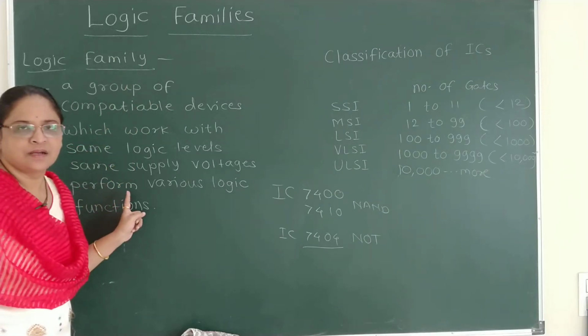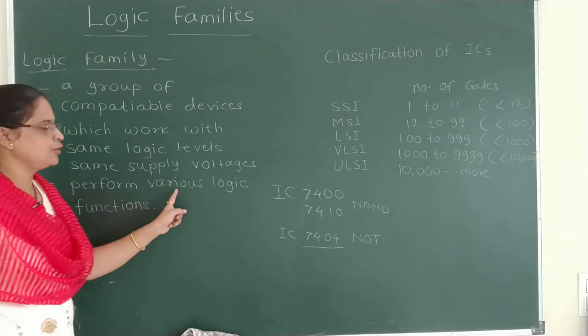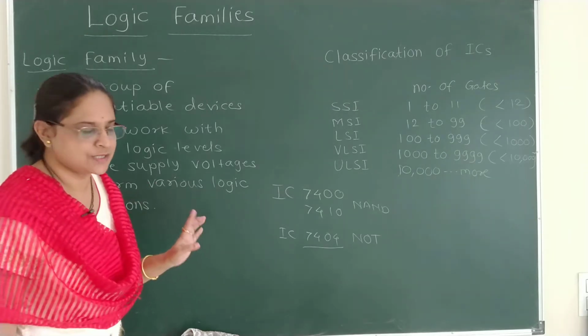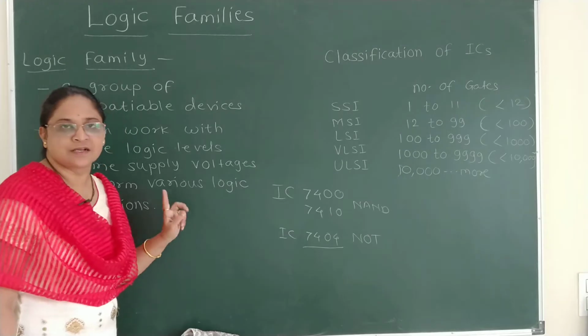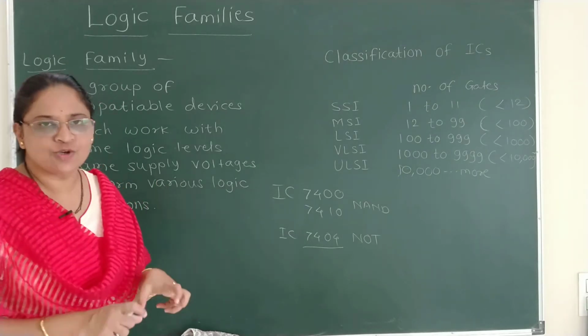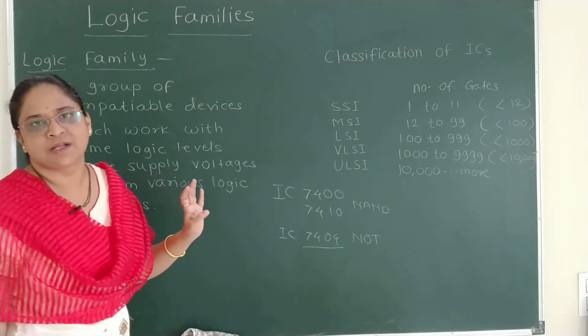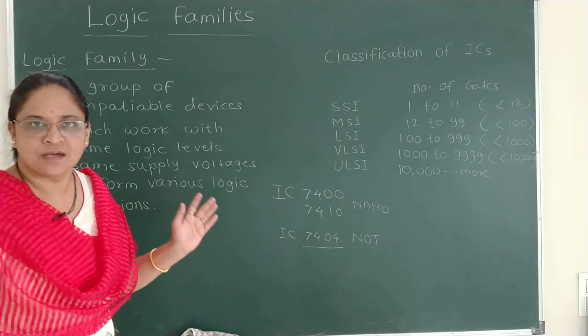The last and most important condition is that all those circuits perform various logic functions, meaning NOT, NAND, NOR, AND, OR circuits can all be members of this particular logic family.